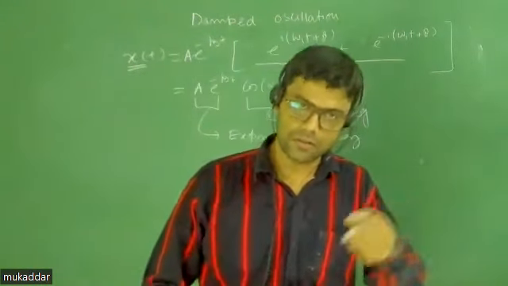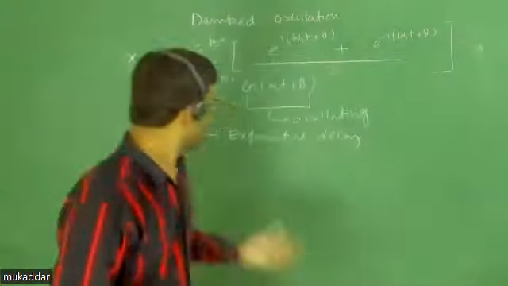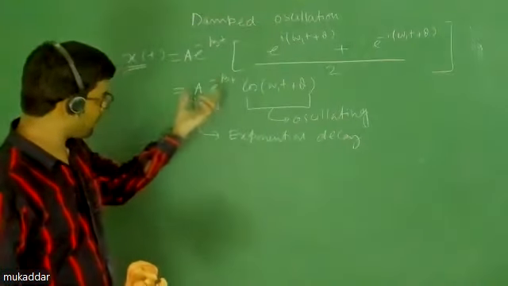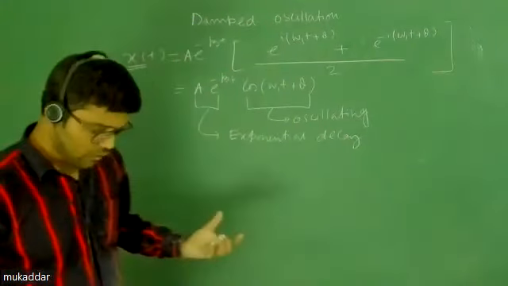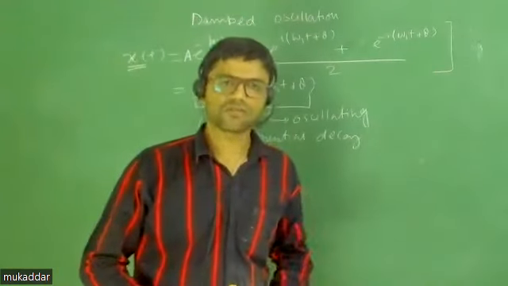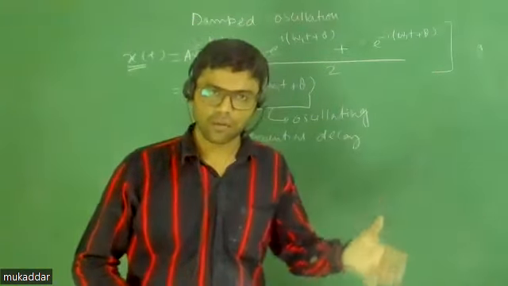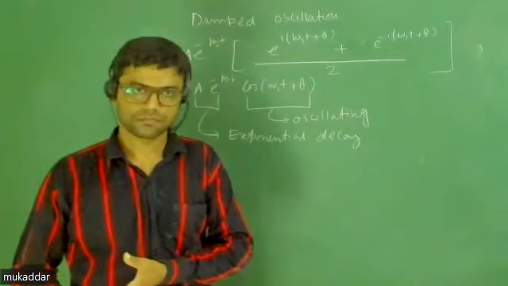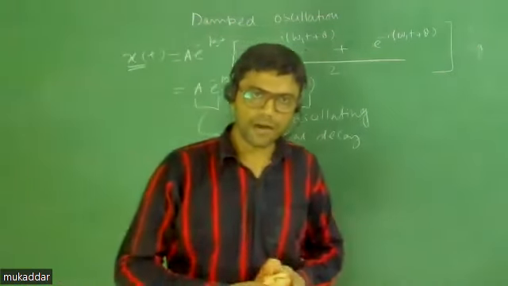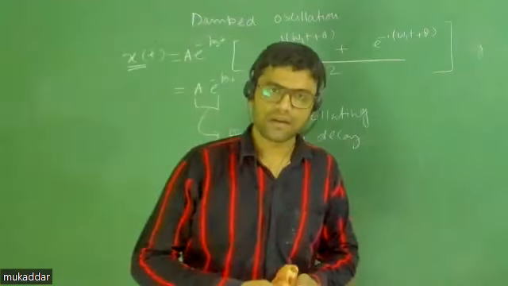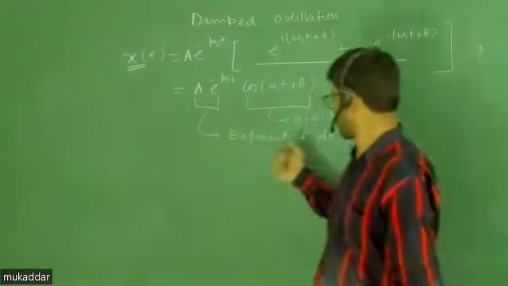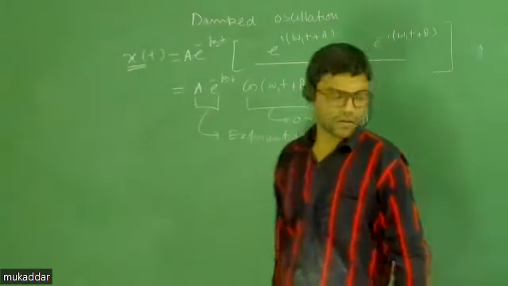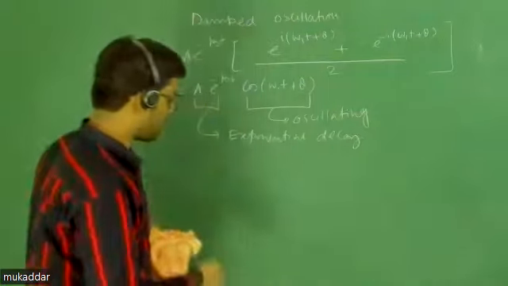With time there will be oscillation of the body, no doubt. But what does this exponential decay represent? The amplitude of oscillation is no longer constant, but there will be decay over time. There will be decay of the amplitude of oscillation in the underdamping case, but still there will be oscillation in the body. So now how will you represent that?